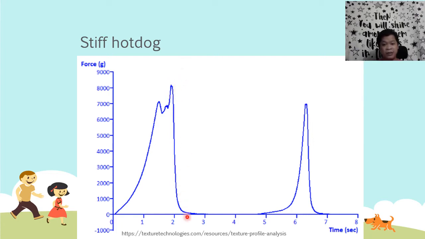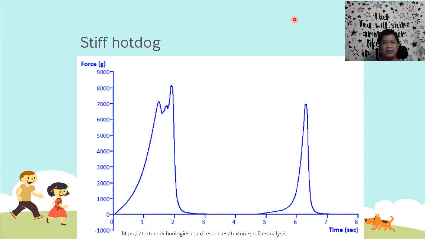And then mapapansin nyo na mahaba yung buntot niya sa pagitan ng first and second bite. So ito ay measure ng springiness, no? Kasi di ba nga yung haba nitong time na ito equates to yung haba ng distance na ibinalik niya, ibig sabihin close to the original height yung binalik ng hotdog after bumitaw ng ngipin mo.